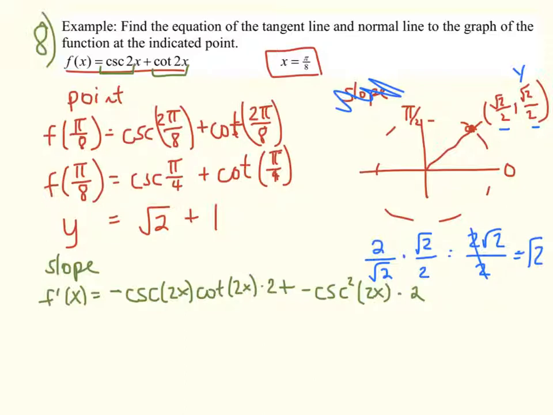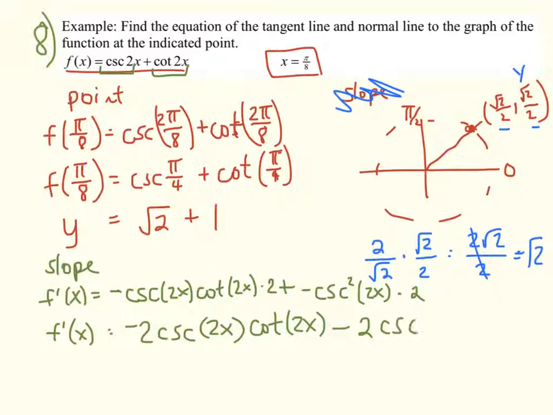Okay, so if I clean this up, f prime of x is going to be negative 2 cosecant of 2x, cotangent of 2x, minus 2, so I'm just moving that 2 in front with the negative, cosecant squared 2x.